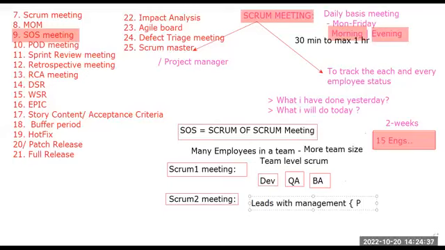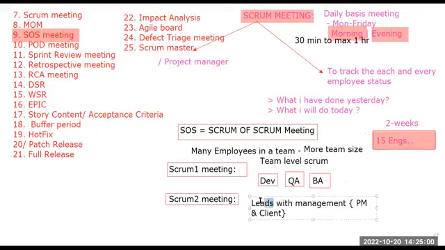Here the leads, let's say the development lead, can share the consolidated status with the project manager and the client: this is the status and progress from our development team, and this is the status of the entire team.